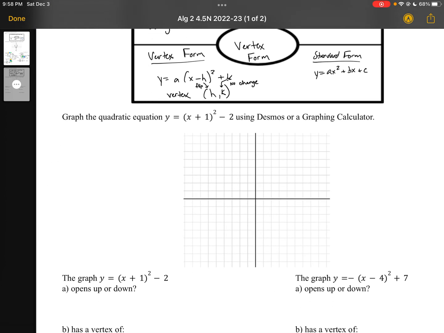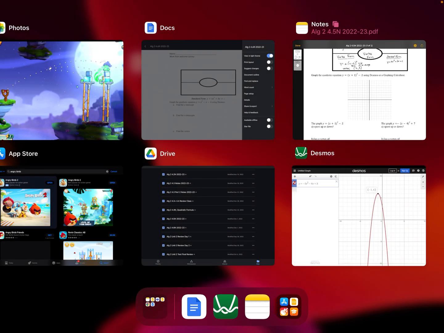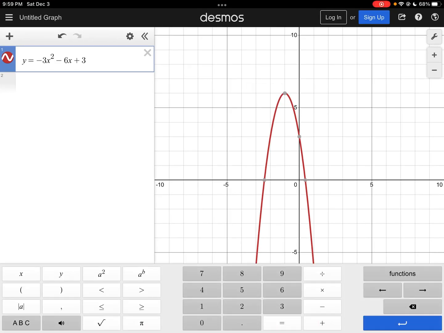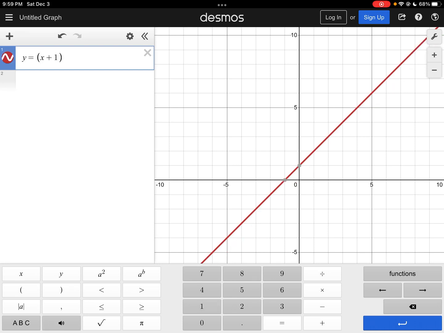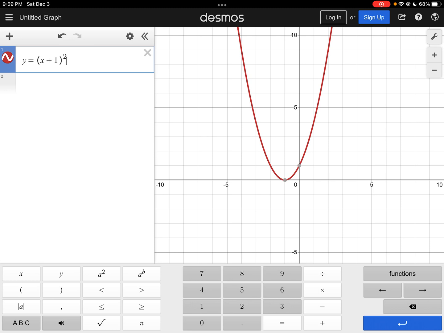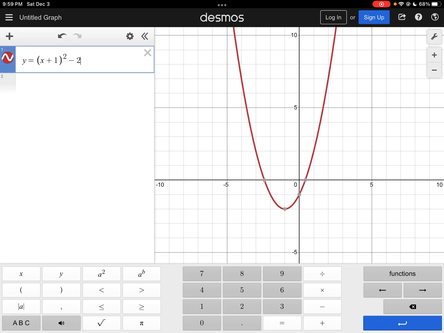So taking a look at our first function here, we'll first punch it into Desmos, take a look at what the graph is, and then we'll go through how we calculate it by hand. So our function was (x plus 1) squared minus 2.